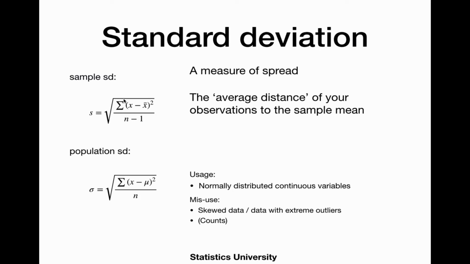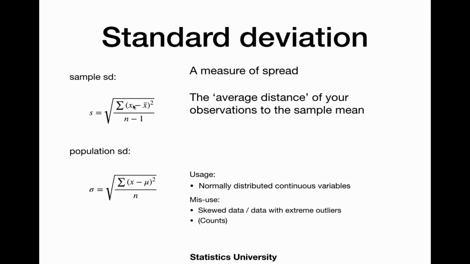But if we look in detail at that ratio, we see that it's the sum of something squared divided by n, the number of observations, minus 1. And that value that is squared is the distance between the value of an individual observation and the sample mean.